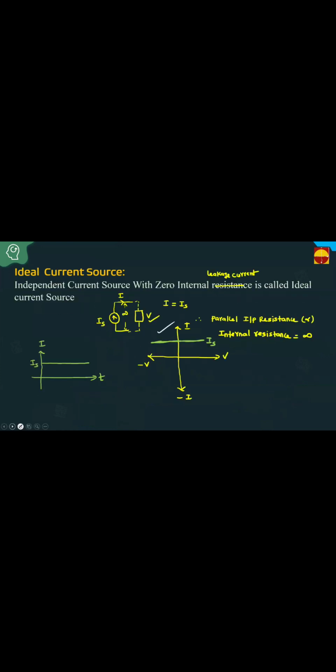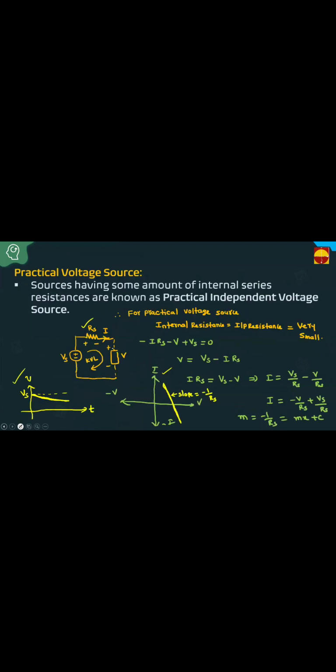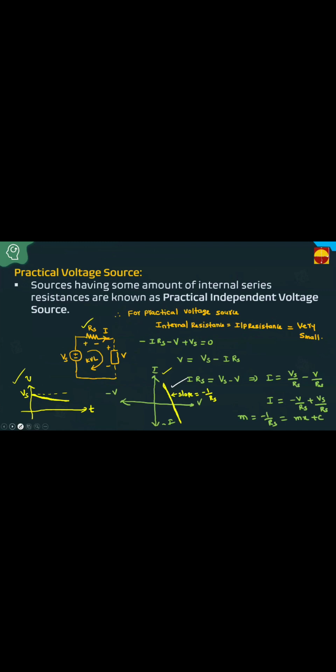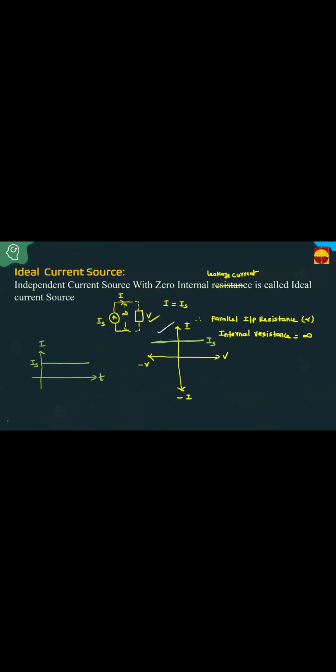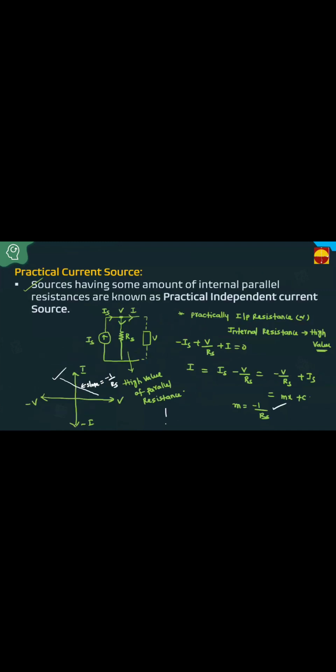You have to draw the ideal current source and practical current source characteristics, with respect to time also. This is I equal to Is ideally; practically there is a slight reduction in the current because of having some parallel resistance.